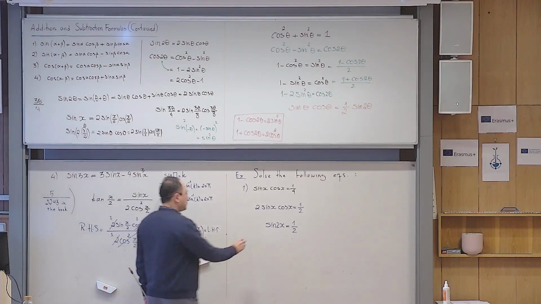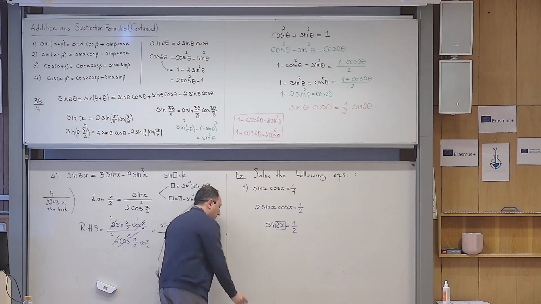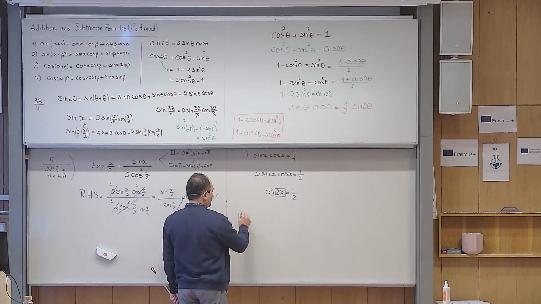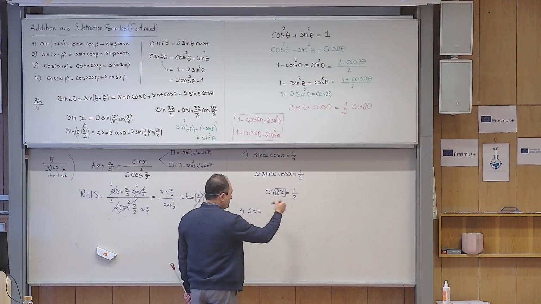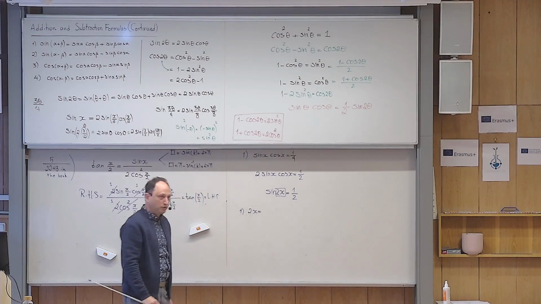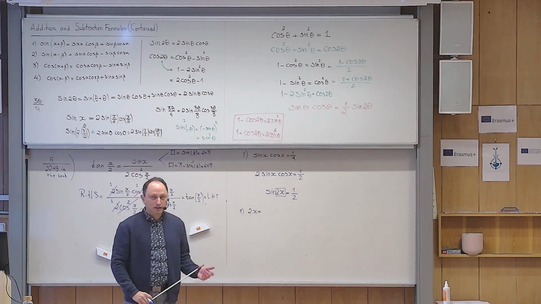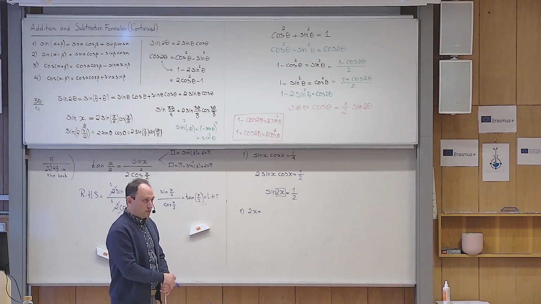So here I give the role of k to this, and I write the answers. There are two options. Number one, 2x is what? You don't need to remember the formula, of course, but the number 1/2 should look familiar. What is the angle? The angle is 30 degrees, but you need to write it in radians, which you should be quick at.